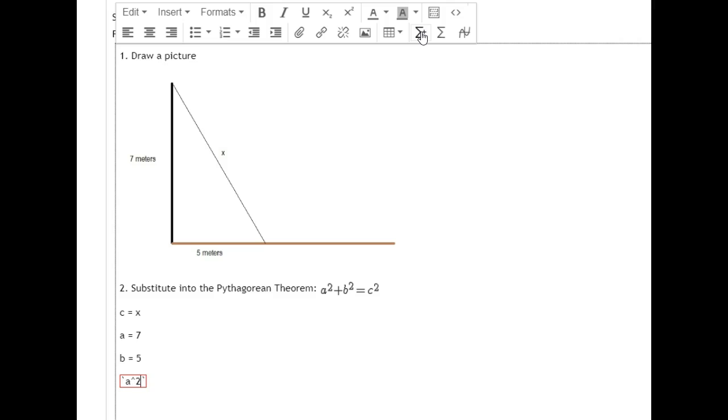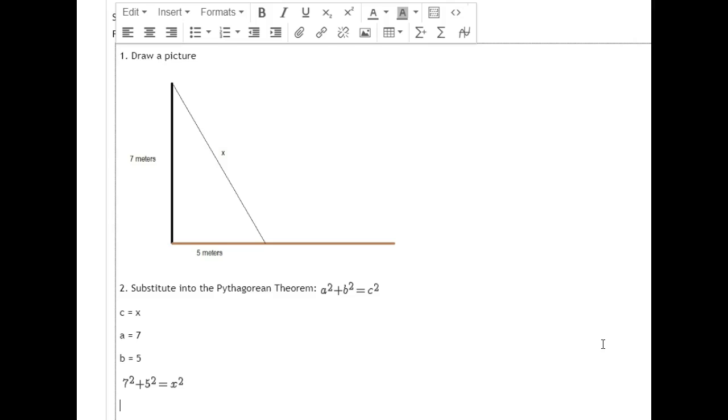And if I write the exponent and then I say plus b and I do a caret key again, 2 for the exponent, c, caret key, 2. Caret key was Shift 6 on the standard keyboard. And then when I click outside, it's going to make it into an equation that looks nice. So A was 7, B was 5, and C was our unknown side. So we'll have 7 squared plus 5 squared equals x squared.